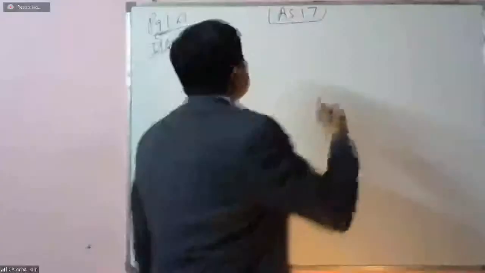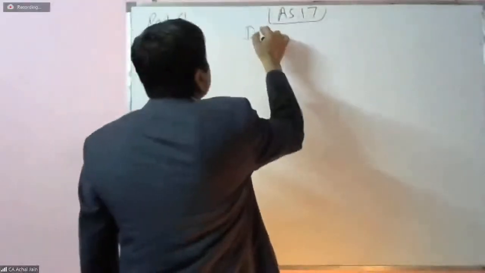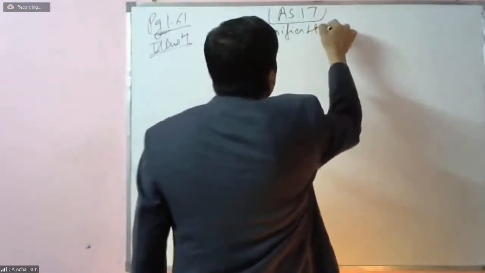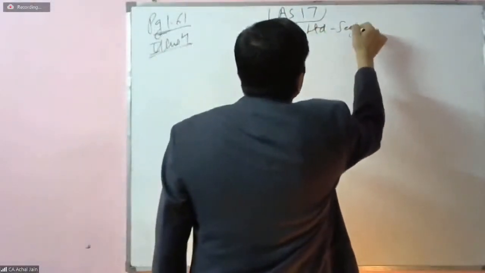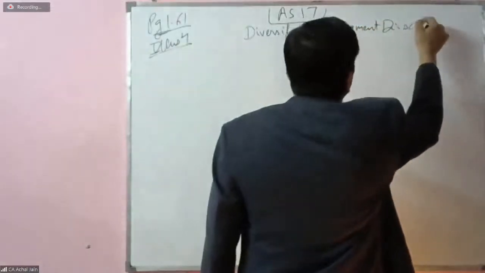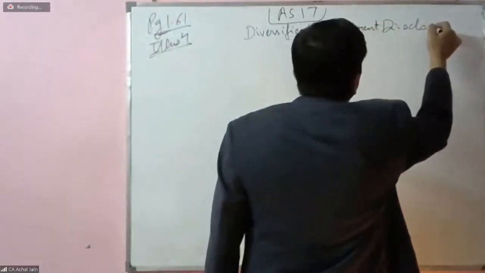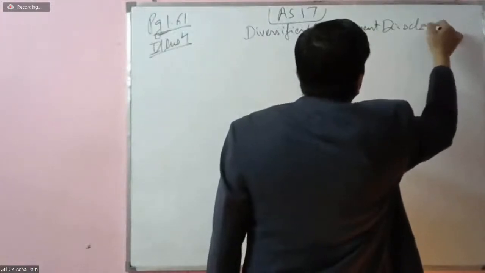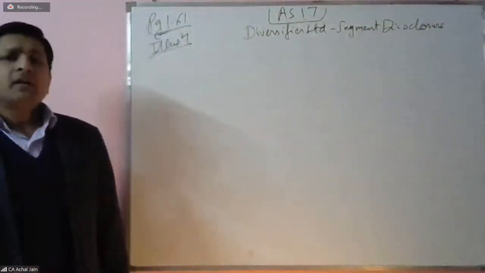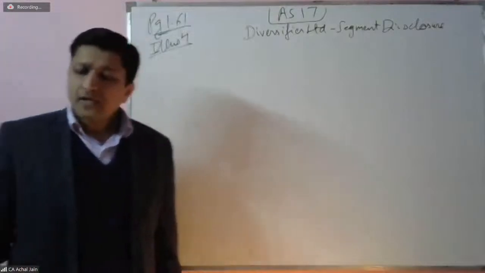Okay, so now when we begin, we have Diversifiers Limited segment disclosure. You can call it segment disclosure or the segmental report, the way it is required by the question.